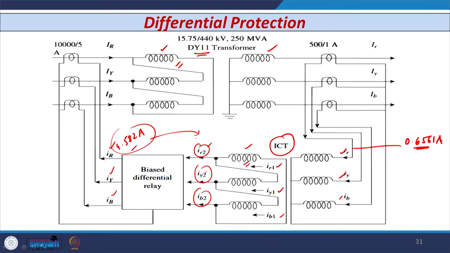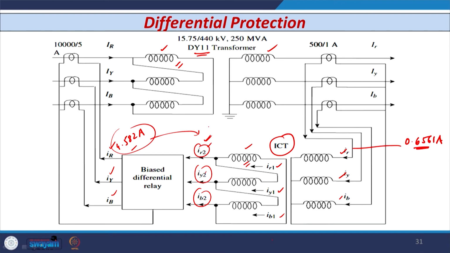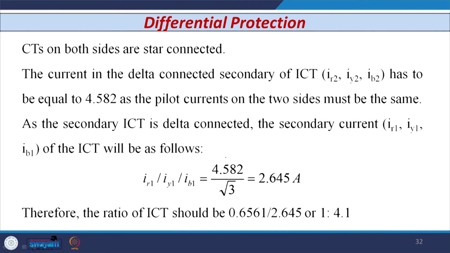So this current is also 4.582. If I find out the current given to the bias differential relay, then if these currents are 4.582 ampere, obviously we can easily find this current. So IR1, IY1, IB1 is nothing but 4.582 divided by root 3, which comes out to be 2.645 ampere.